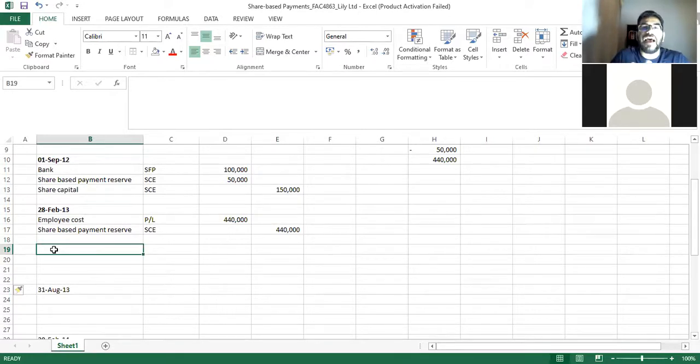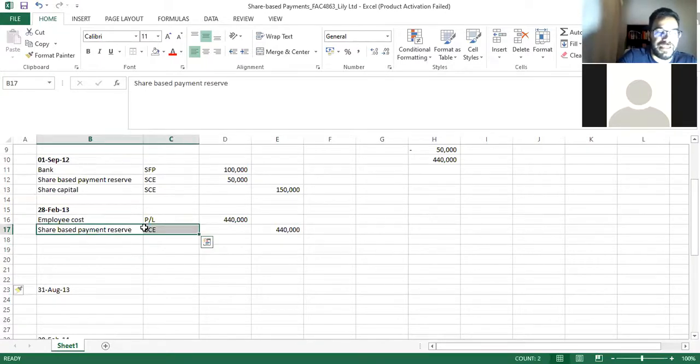Now remember, the entire share scheme was 30,000 shares for one employee at a grant date fair value of 22 Rand. That entire scheme must be de-recognized.